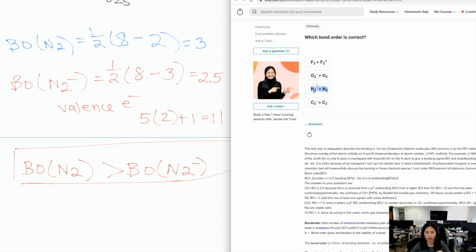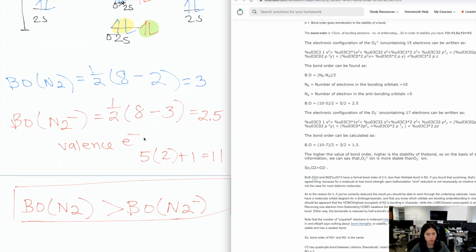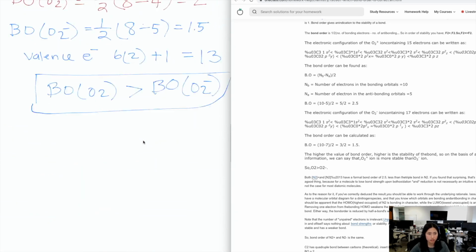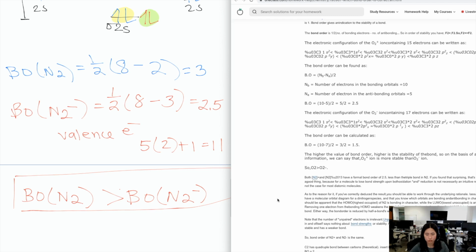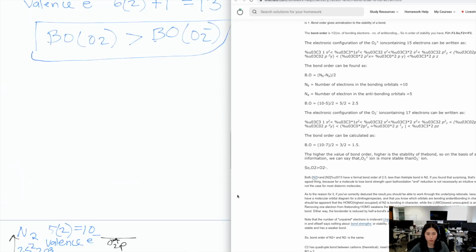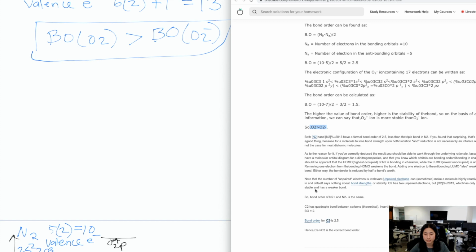Or this is incorrect because N2 is greater compared to N2 minus. And let's see what they said so far for oxygen and also for nitrogen. So for oxygen, they're saying that O2 is greater compared to O2 minus, and this is right. Now, if you go and look at nitrogen, right, they're saying that nitrogen is, let's see.